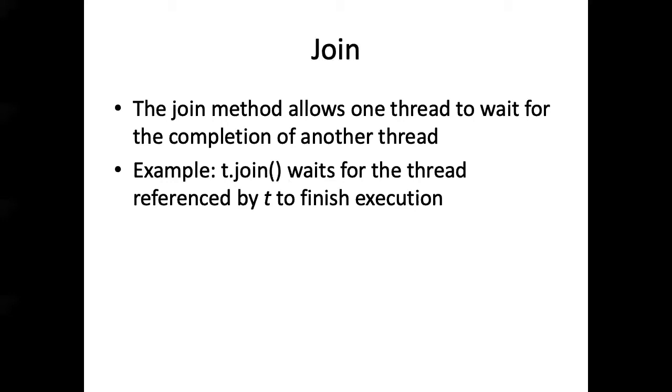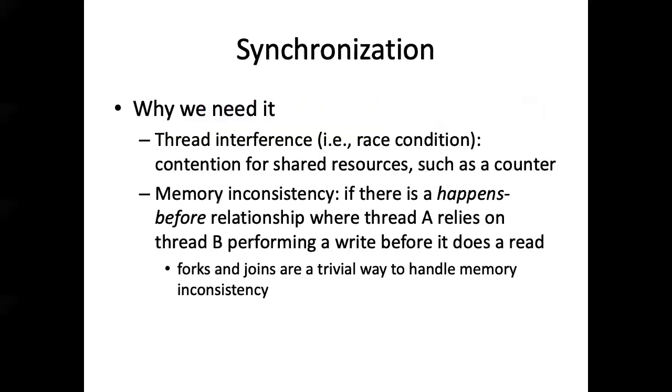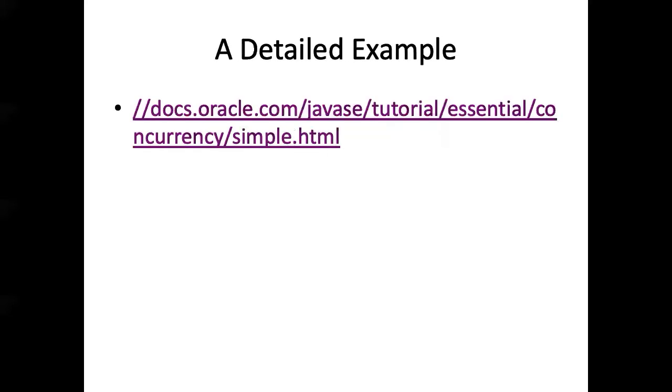Okay. So join creates what's called a happens before relationship.